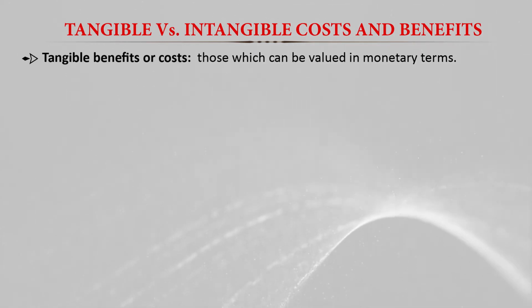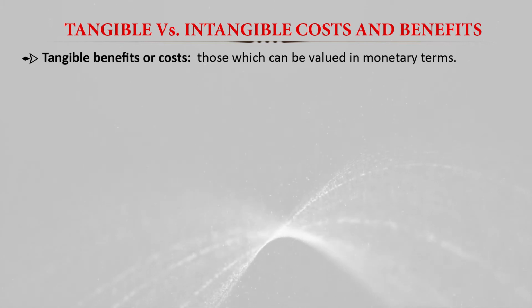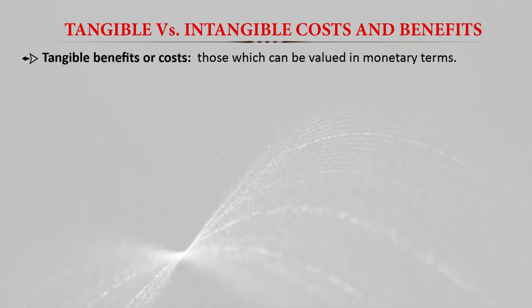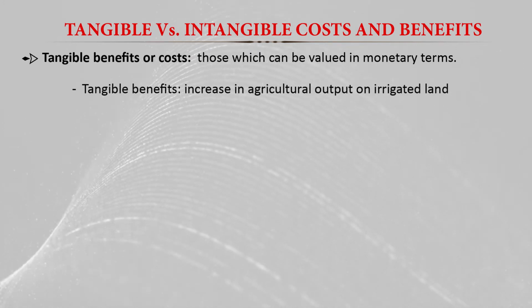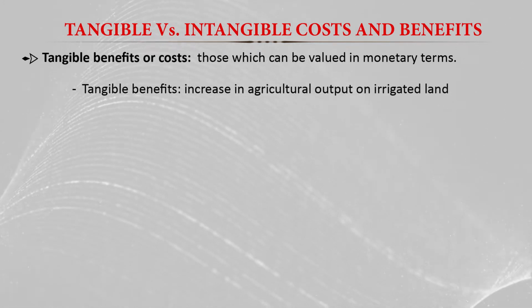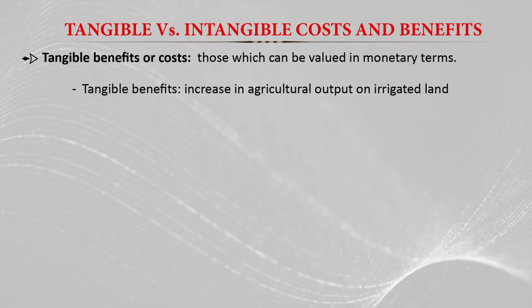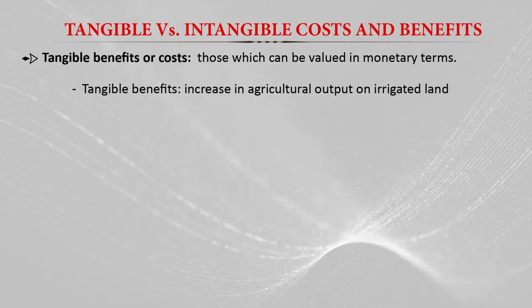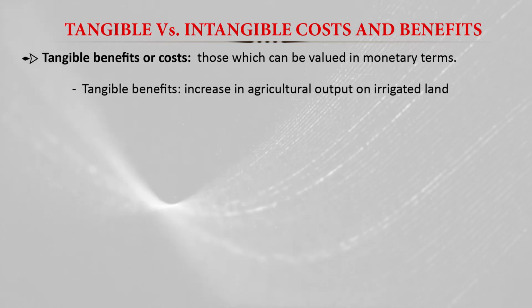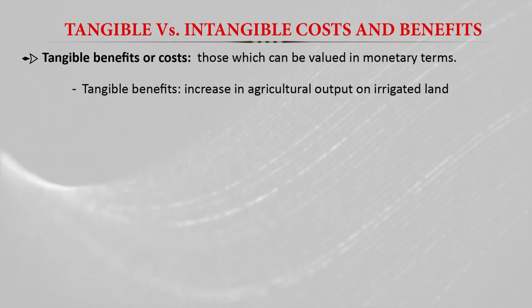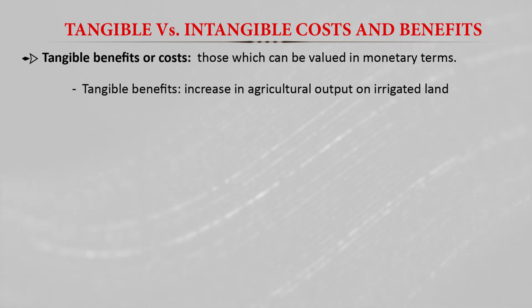Tangible benefit and cost are those which can be valued in monetary terms. We have different types of tangible benefit, like an increase in agricultural output on irrigated land. If we have a project to develop the irrigated area, there will be an increase in agricultural production, and we can easily measure that. So that is the tangible benefit.